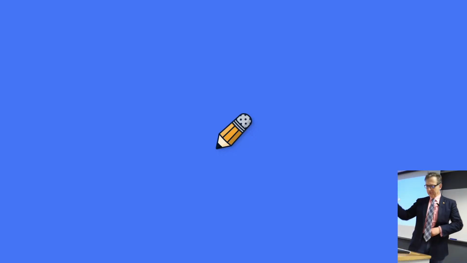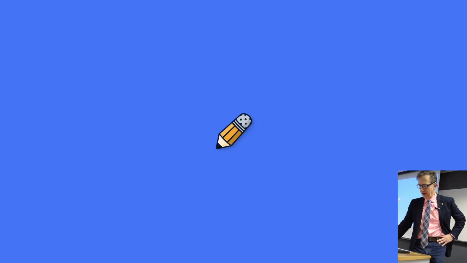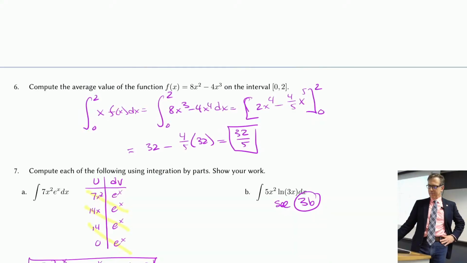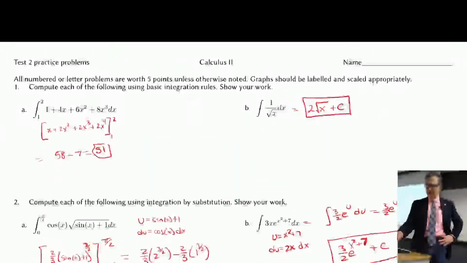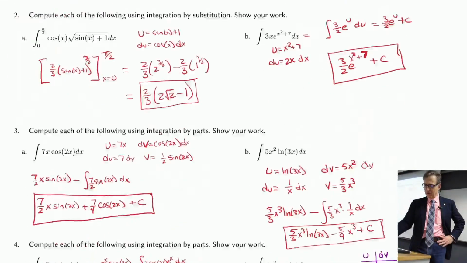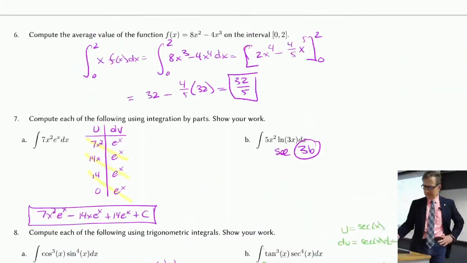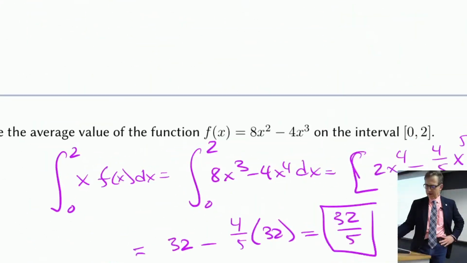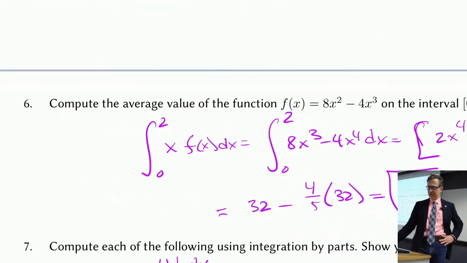Before class began, someone, I forget who, pointed out that I had a mistake on my alleged answers. So I'm going to be correcting them. Just so you know, this file is called Calc2 alleged answers. The mistake was right here, number 6, compute the average value.